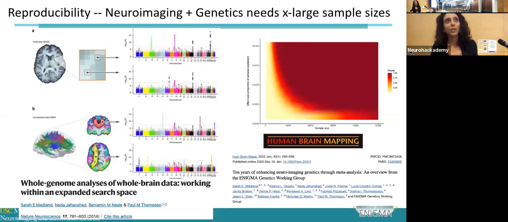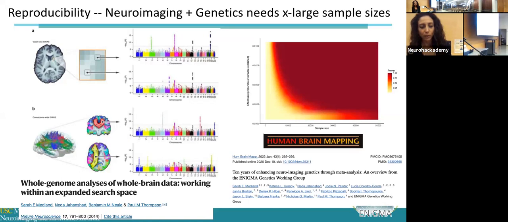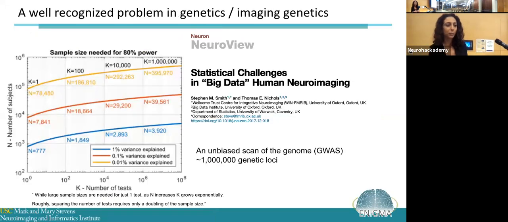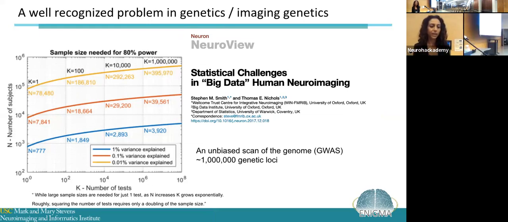And then with the entire genome, you're going to need very large samples. This became a well-recognized problem in genetics and neuroimaging genetics, that the sample sizes really need to be huge in order to get a significance of, let's say, 5 × 10⁻⁸ with one test.